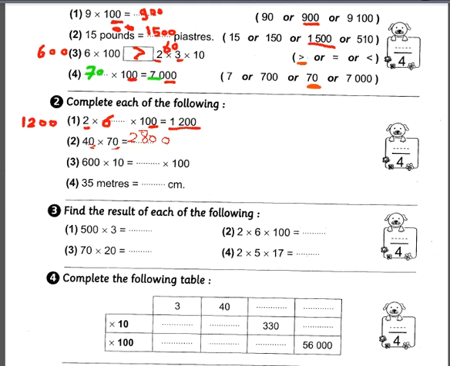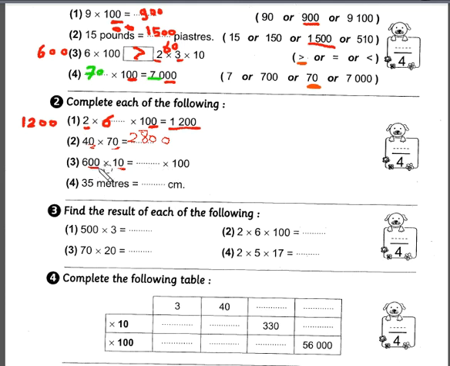After that he said 600 times 10 equals space times 100. Count how many zeros here. We have 2 zeros and here also we have 0. So the result equals 6 and we put 3 zeros. Question number 3, we have 600 times 10 equals space times 100.